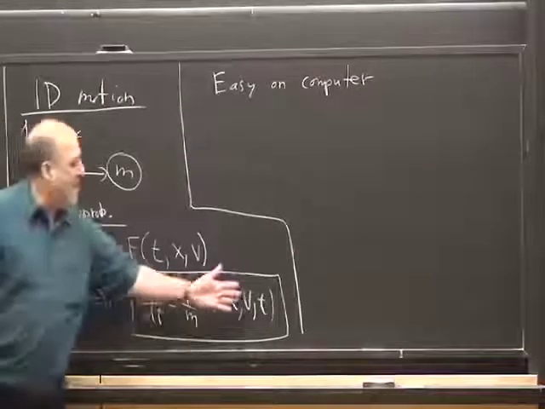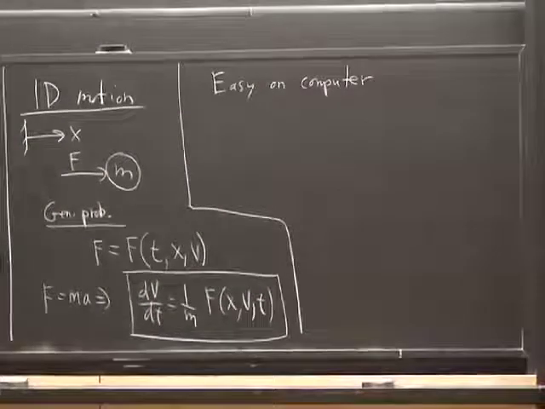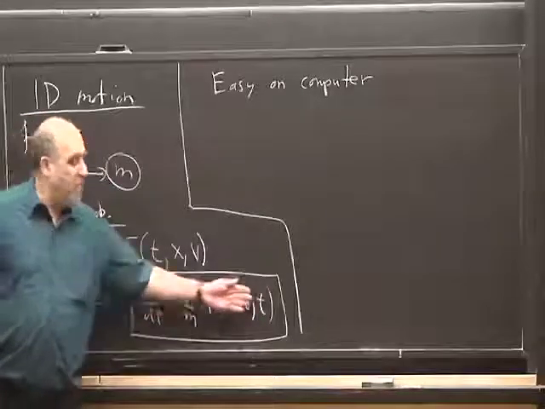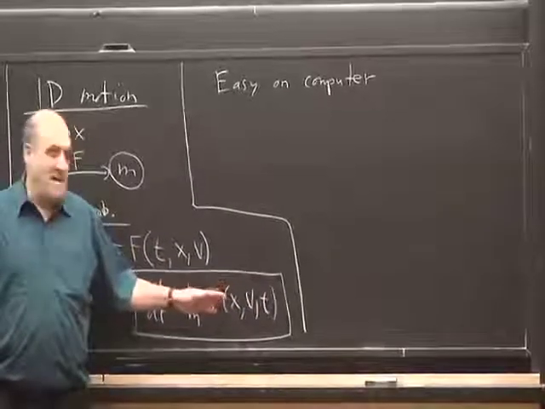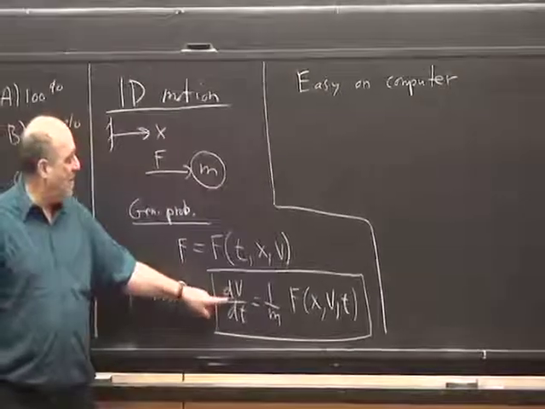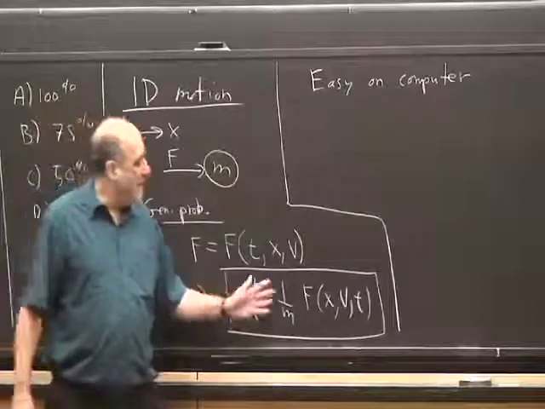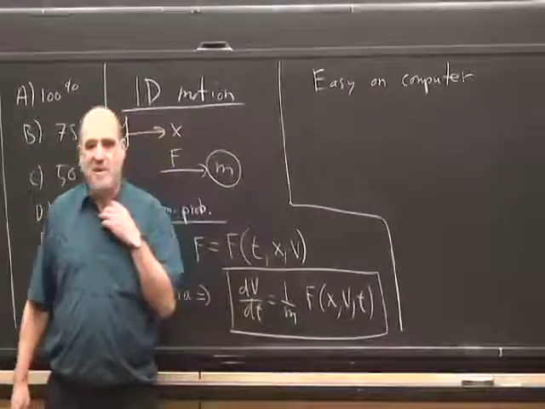That is, if we think of the equation F equals ma, like all differential equations, as crystal balls which tell us the future, they tell us the future if we know what the rules are. The rules are that the force depends on the state in the future, what time it is, where things are, how fast they're moving. Then we can move forwards in time, and we know that the velocity a little bit later will be the velocity at the present time plus this thing times delta time.